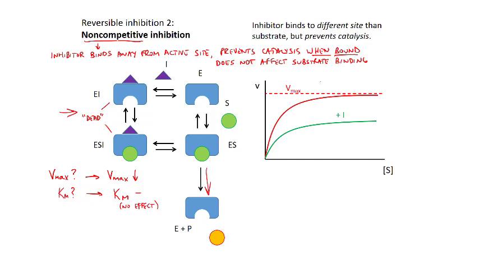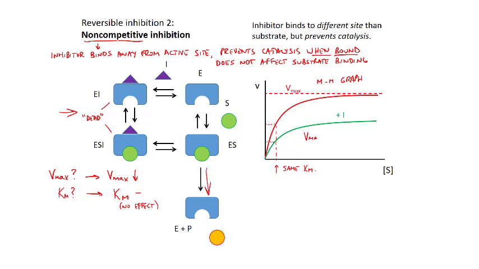So this is what we see in our Michaelis-Menten graph. We get a lowering of our Vmax, right? These curves level off at different Vmaxes, but the shape of the curve is the same. So if you were to trace over to this curve to find its 1/2 Vmax and do the same thing to this one, they would overlay, but we have different Vmaxes.